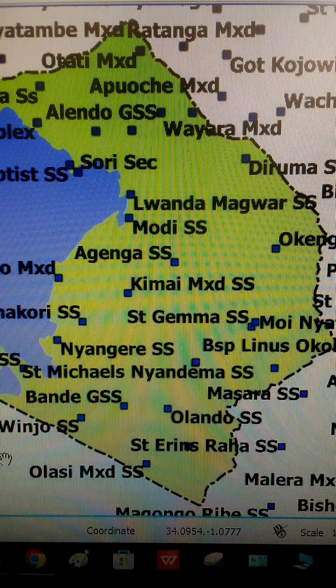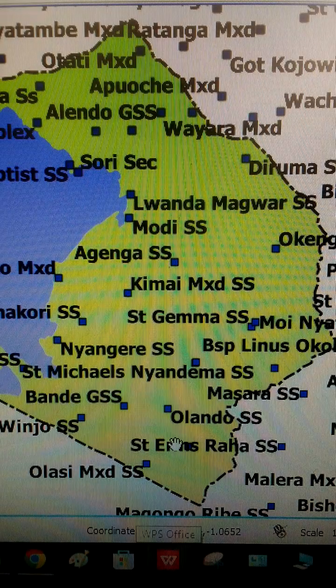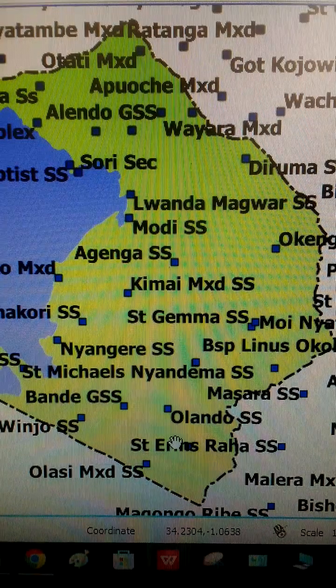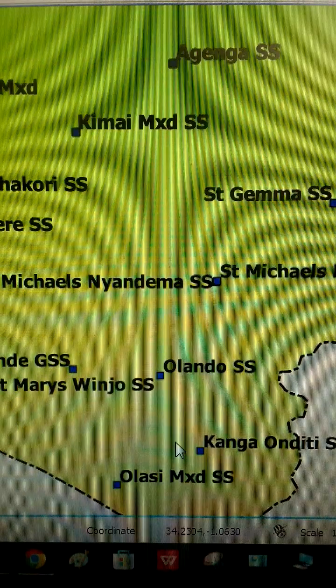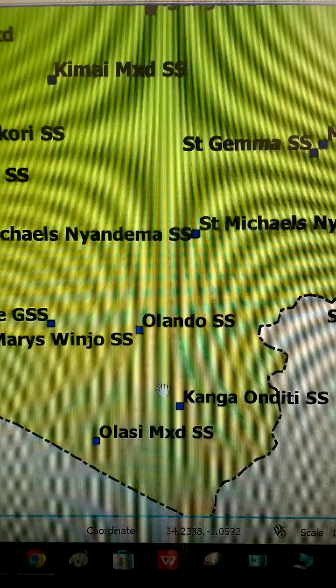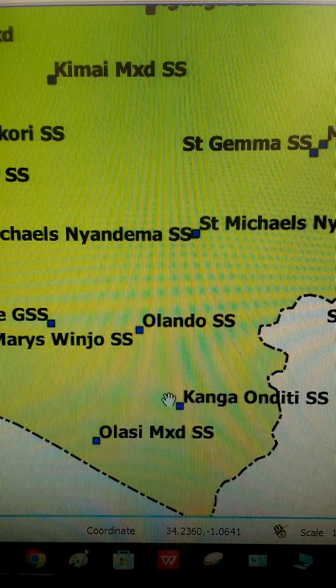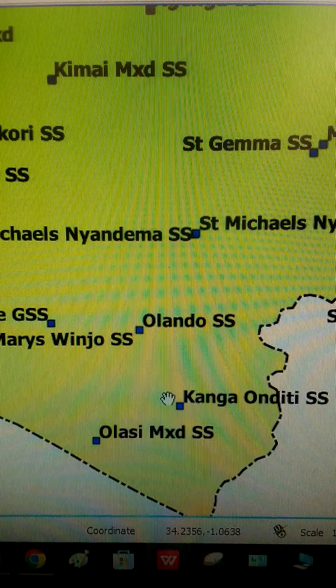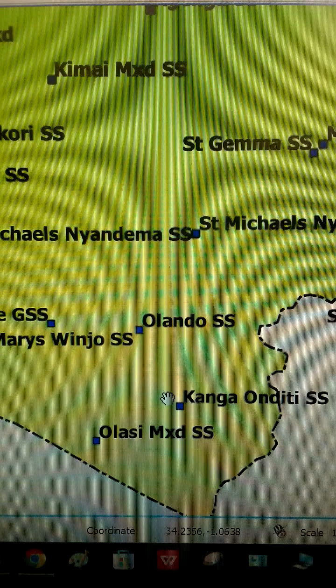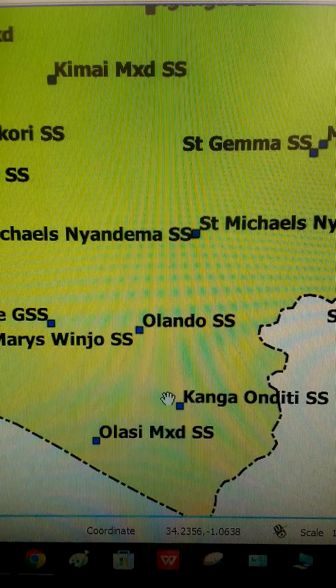Alright, let us begin. I explore the map by zooming in, zooming out, and using the pan icon to navigate through the map. When I zoom in around this area, I'm able to see the following schools. When I zoom in, I'm increasing the scale of the map such that I'm able to view a smaller area but with much detail.